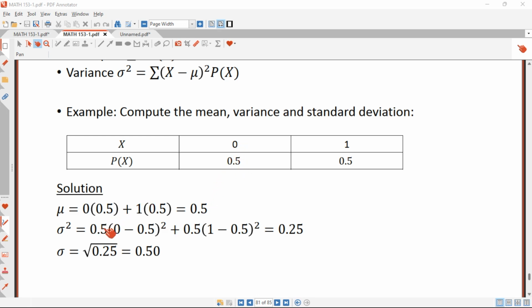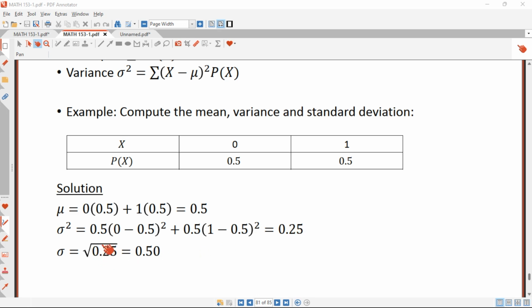So that will be 0.5 times (0 minus 0.5) all squared, plus 0.5, the probability, times (1 minus 0.5, the mean that we got here) all squared. When you are done, we add everything to get 0.25, right? So that will be our variance.